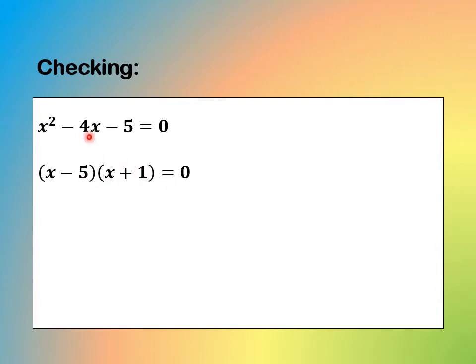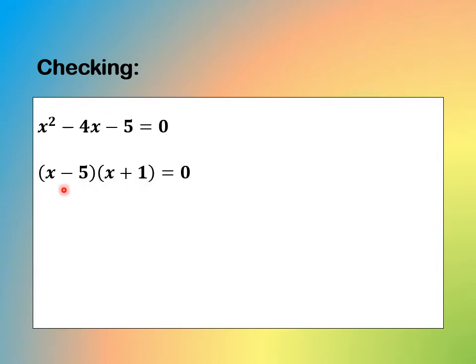Since the sign of the linear term is negative, so yung mas mataas sa factor ni 5, sa kanya yung negative sign. Sa kanya, yun ang susundan natin. Since 5 is higher than 1, kaya ang sign ni 5 is negative at yung sign na positive ay mapupunta kay 1.